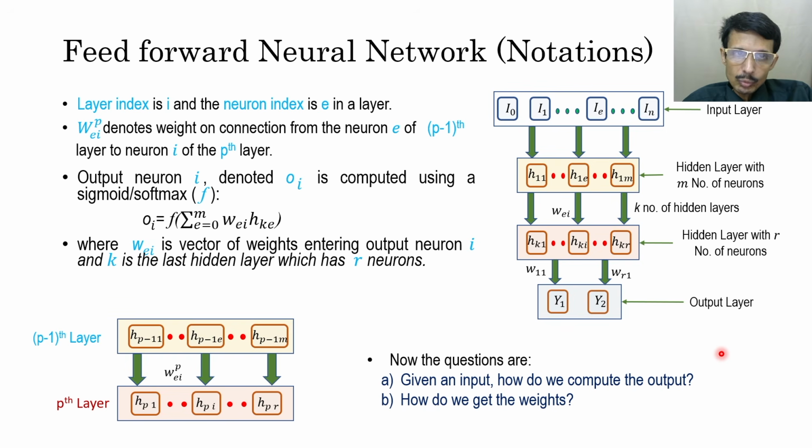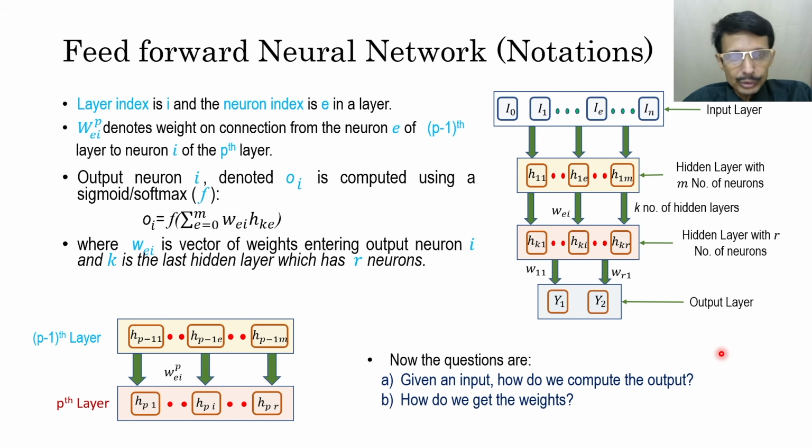It denotes the weight on the connection from neuron E of the (P minus 1)th layer to neuron I of the Pth layer. This is just a notation. If we remember it, we can understand the mathematical formulations of these layers.